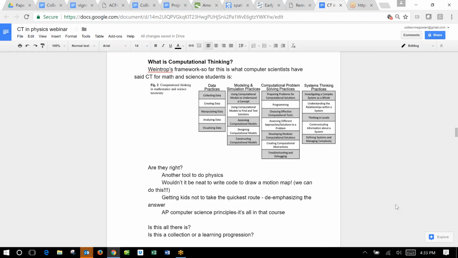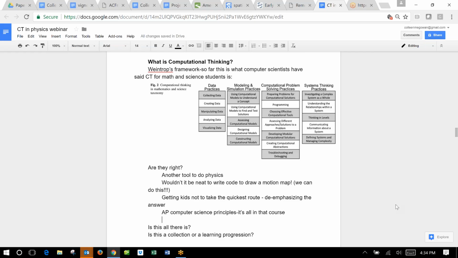Make something happen. And I think that was the perspective of the physics teachers in the room, and the computer scientists didn't marginalize that perspective as wrong or inappropriate. It was just something new to think about because they'd never really considered it in that way.